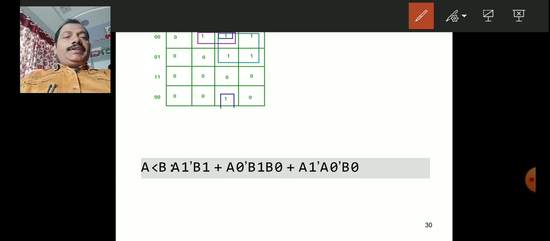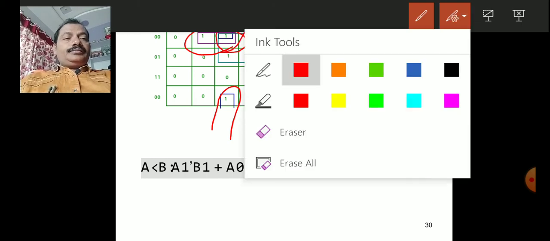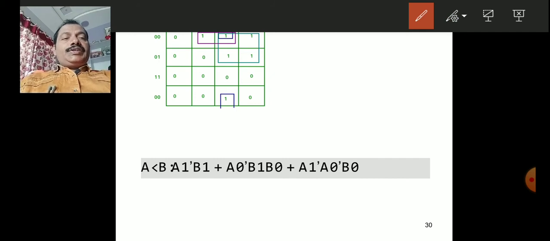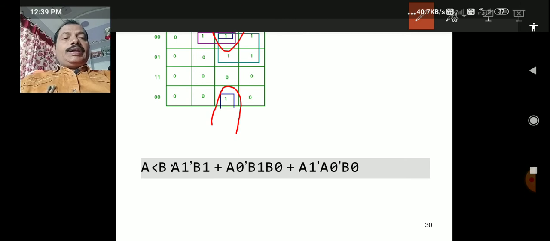So this pair is occupying two columns single row, two columns single row, and this pair is occupying two rows and single column. So let us consider this two rows single column.